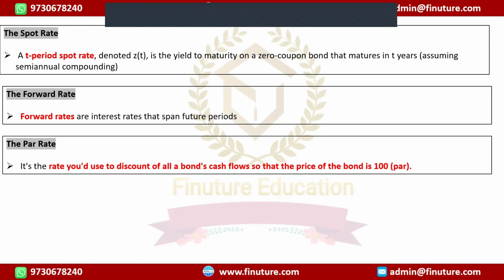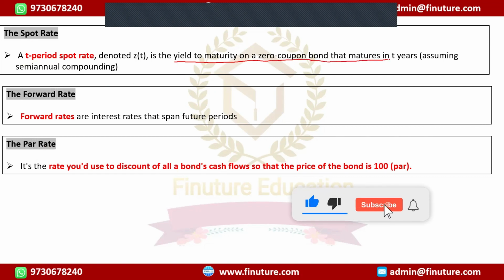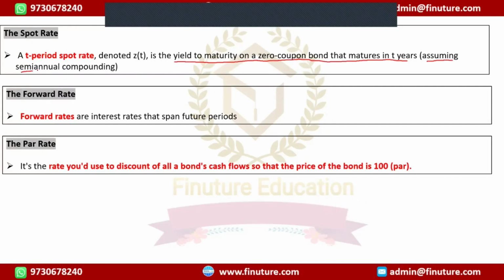If I'm talking about the T period spot rate, it's usually denoted by ZT, and it's the yield to maturity of a zero coupon bond with T years maturity. Very important to note, it assumes that the compounding frequency is semi-annual. And forward rates are interest rates that span future periods.